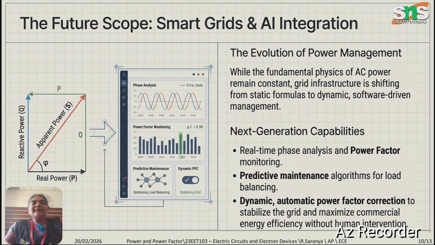So the dynamic automatic power correction will be used to stabilize the grid and maximize the amount of energy efficiently without any human intervention. So in our future scope, when we are integrating AI with the smart grids, with these following factors, we can achieve a high power factor value.